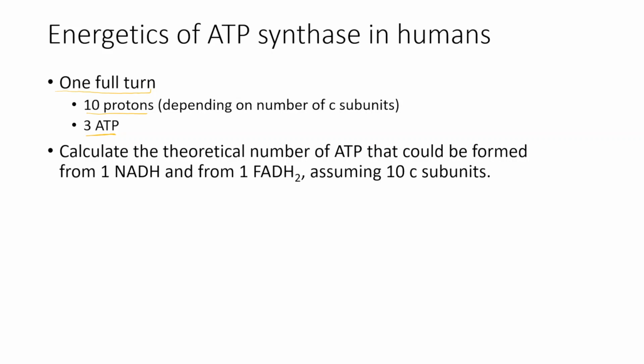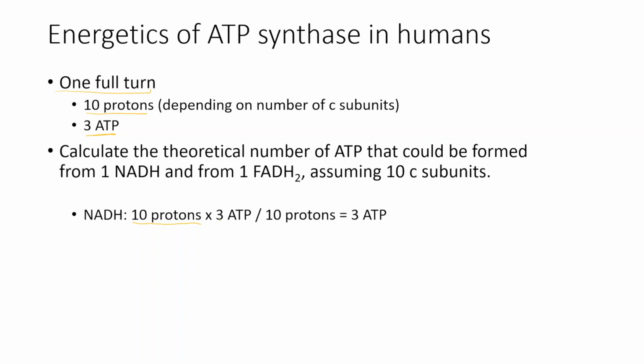And with this information now, we can calculate the theoretical number of ATPs that can be formed from one NADH and from one FADH2, assuming that there are 10 C subunits in one ATP synthase. So let's take a look at how that works. For NADH, we talked about in the last lecture how 10 protons are going to be generated from each NADH molecule through the electron transport chain.